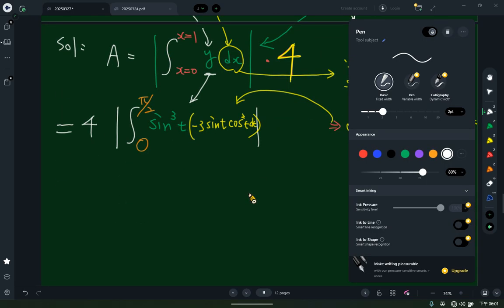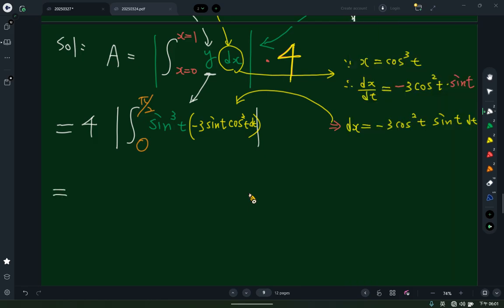Okay, let's continue. Then here we can just move the negative 3 out of the expression. So we move this out, so we can get 12 integral 0 to 1/2 pi. Then since here we have sine to the power of 3, here we have another sine t. So in total we have sine to the 4, right?